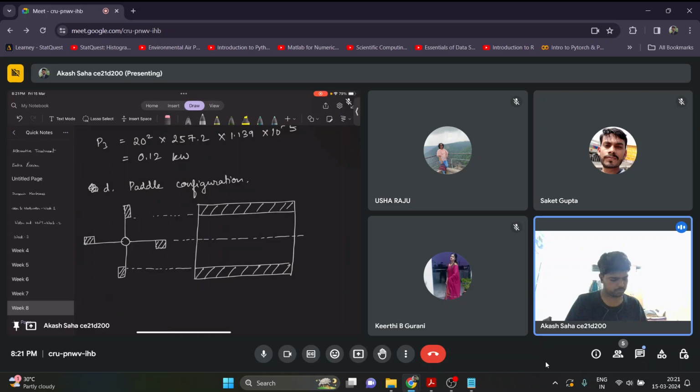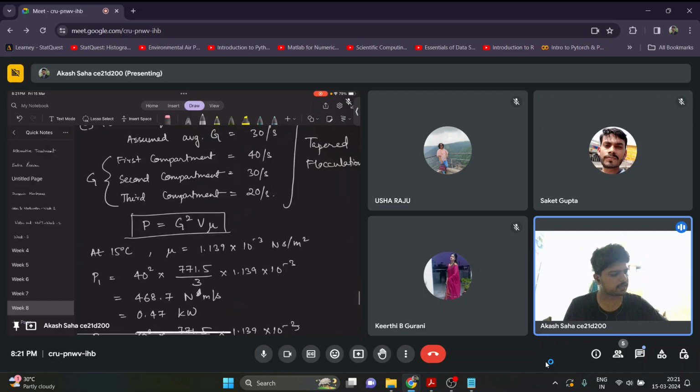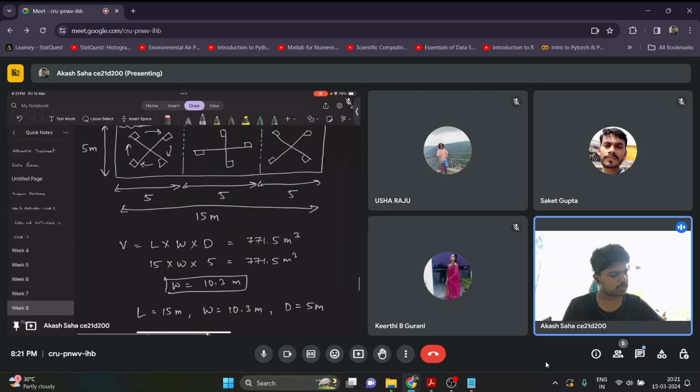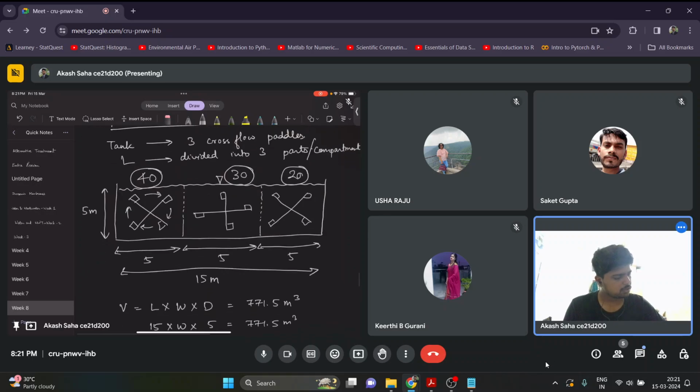Now if we see this diagram, this total height was 5. So there is a little space here and there is a little space here.